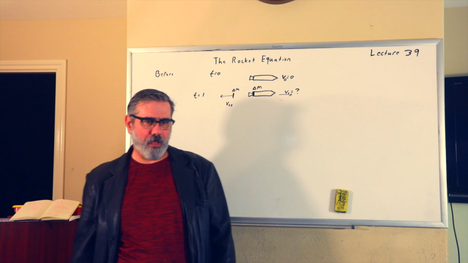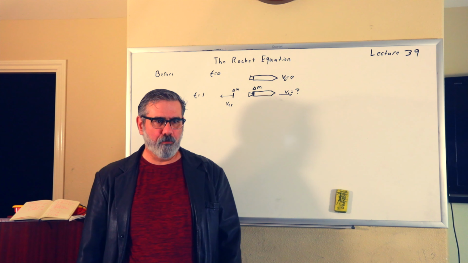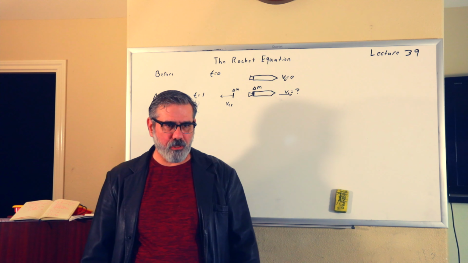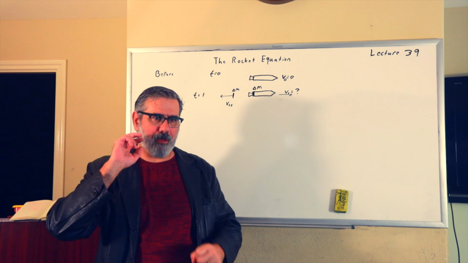This is usually through a chemical process. There's an explosion that takes place in a chamber, and those fast-moving gas particles from the ignition are directed out the back of the rocket. It's a little bit like sitting in a boat and throwing bricks out the back end. You'll observe that when you do, A, the boat gets lighter, and B, the boat starts to move. It obtains some velocity.